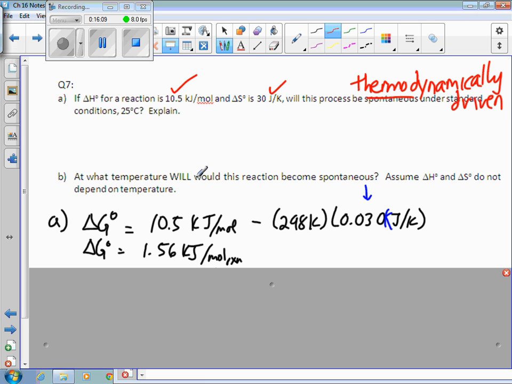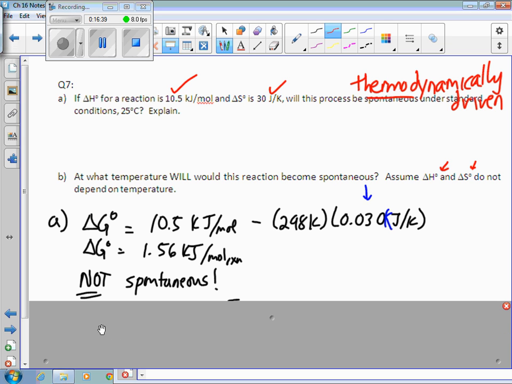All right, so the next piece, it says, well, at what temperature will this reaction become spontaneous? So assume delta H and delta S, they have that little circle right there, so that means they're based on 25 degrees, the standard values at the back of the book. So when will it become spontaneous? The key here is, how do you cross over from not spontaneous to spontaneous? Well, delta G has to be 0 at some point.